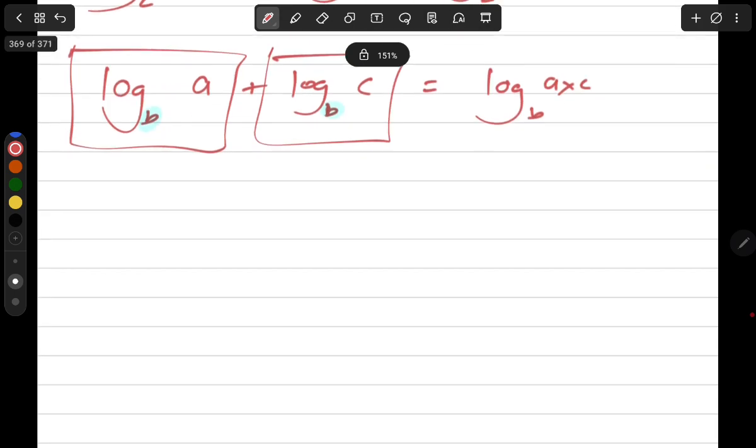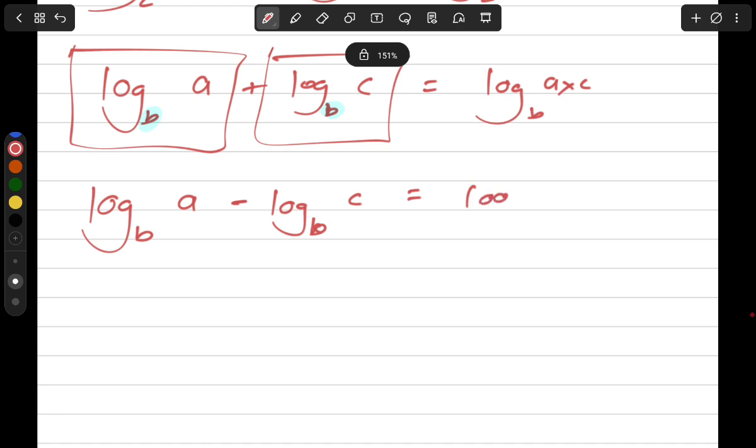And using these indices laws, similarly, if you are dividing, the powers subtract, right? Therefore the quotient rule states that if two logs are getting subtracted, then you divide the arguments, the second argument from the first argument. So this becomes log a upon c to the base b, right? So this is the quotient rule.